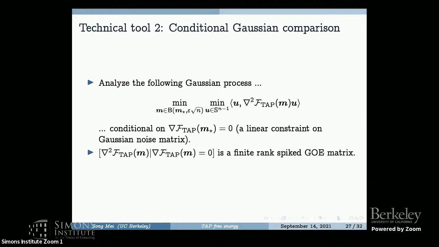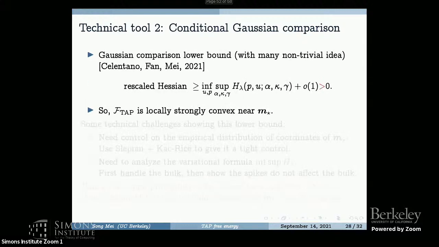Okay, so the Hessian conditional on the gradient equal to 0 is a finite rank perturbed GOE matrix. Using the Gaussian comparison inequality, the Slepian inequality, we are able to show a high probability lower bound for the rescaled Hessian, which is given by this variational formula. And we are able to show that this variational formula is greater than 0. That means the type energy will be locally strongly convex near M star.